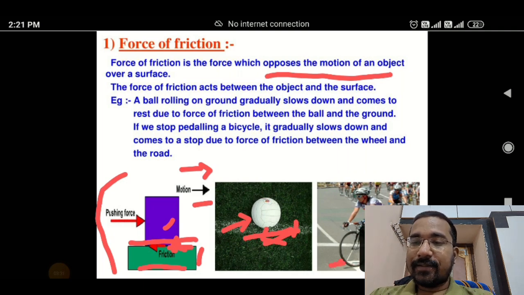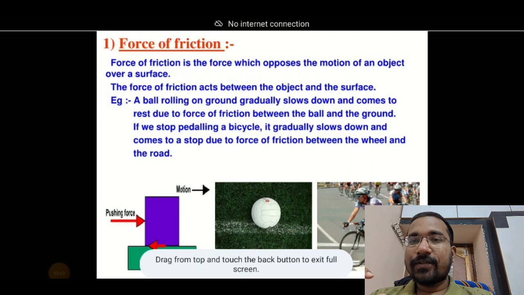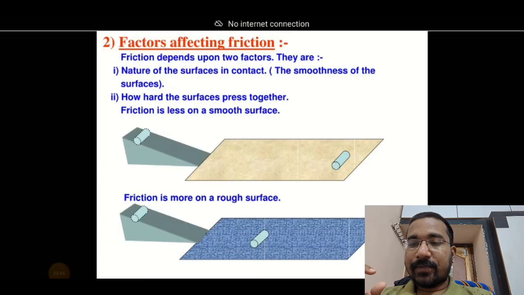Like a cycle, when you stop pedaling, it will stop. Why? Because between the road and the wheel, at the surface of contact, there is friction which opposes the motion.